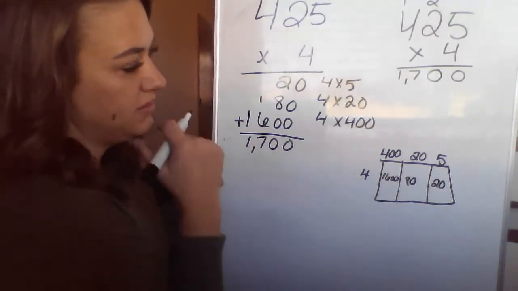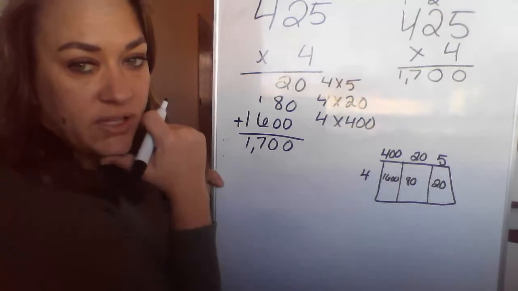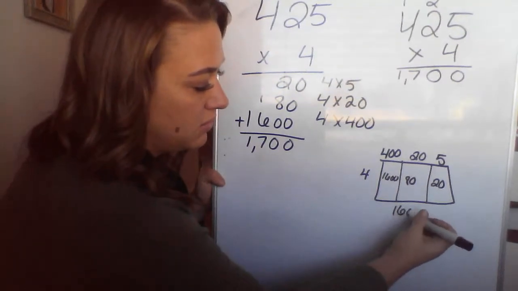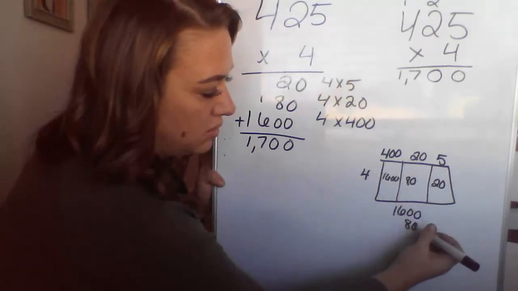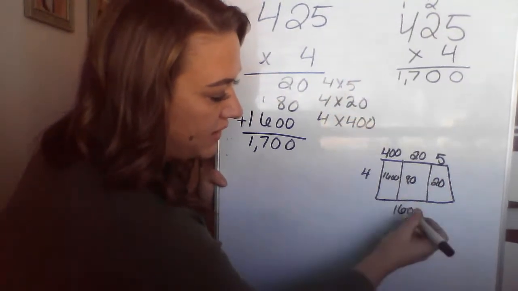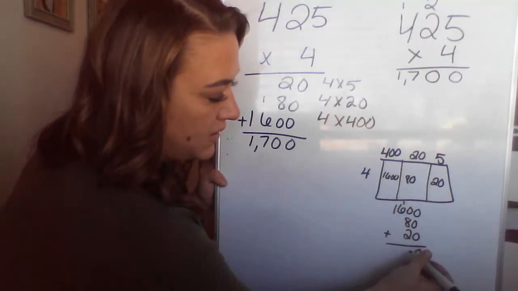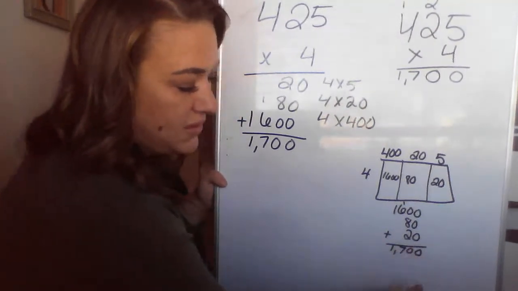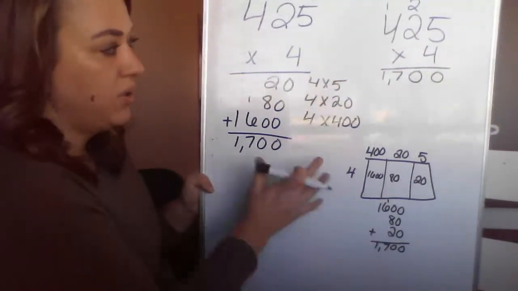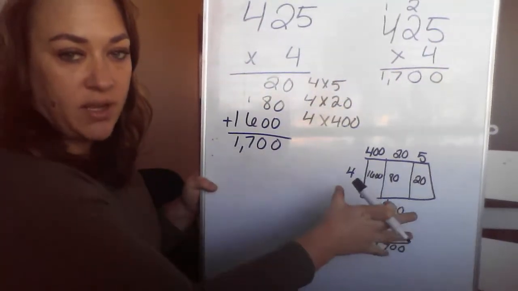I'll show you the equation a little bit later. But 425 times 4, we add all this together, and we know that that's going to give us 1,700.